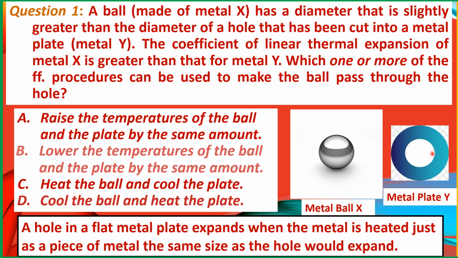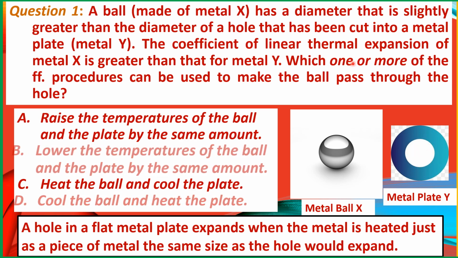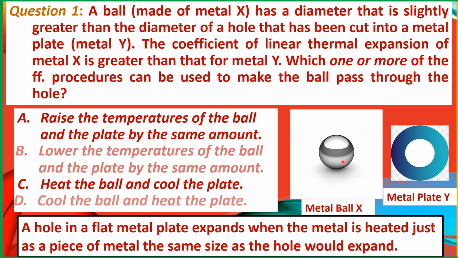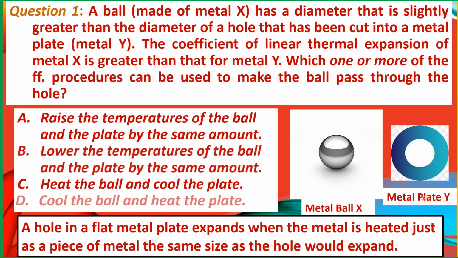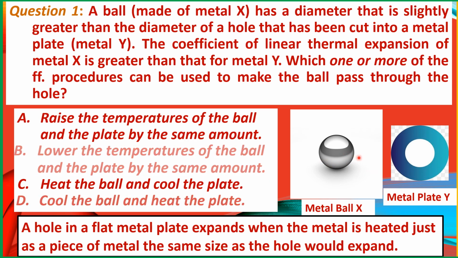That goes through also with the hole. But since the thermal coefficient of metal X is greater than that of metal Y, their change in volume will not be the same.